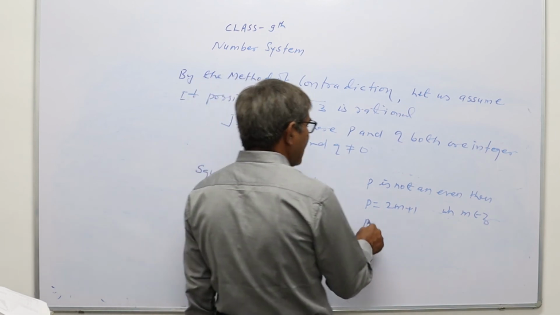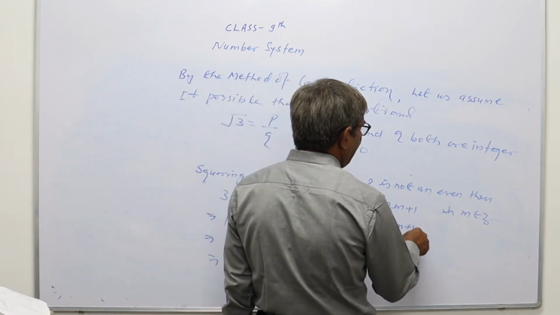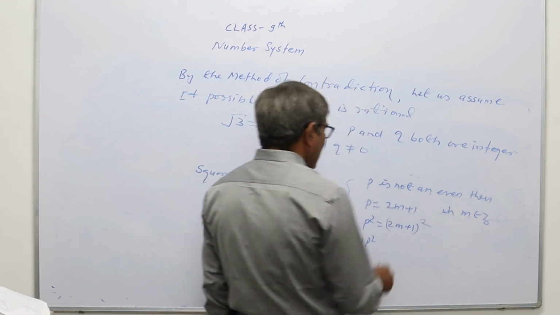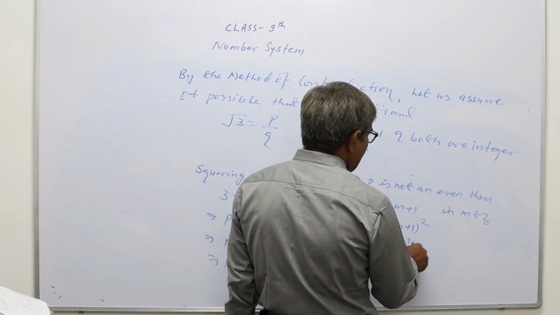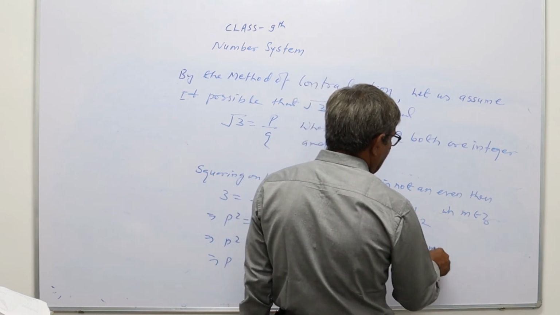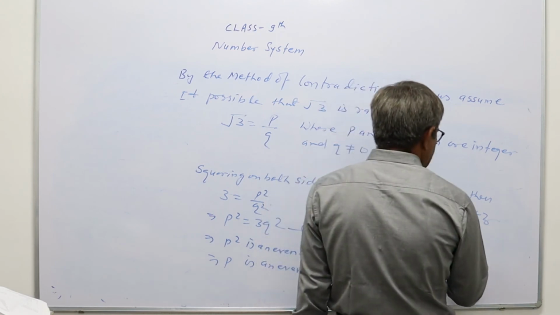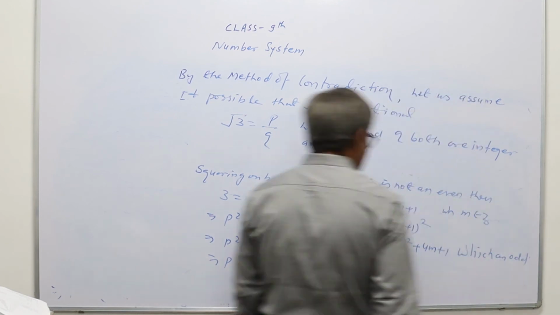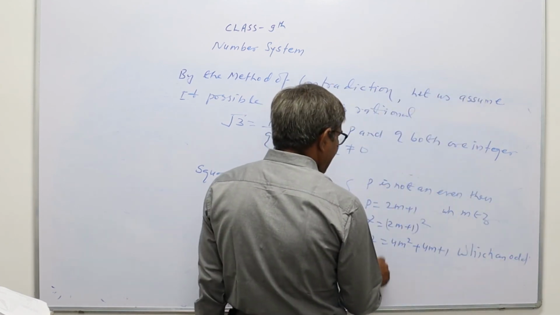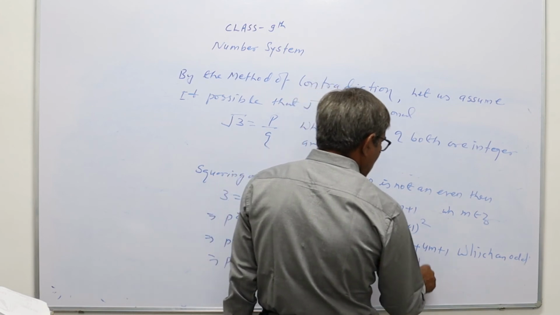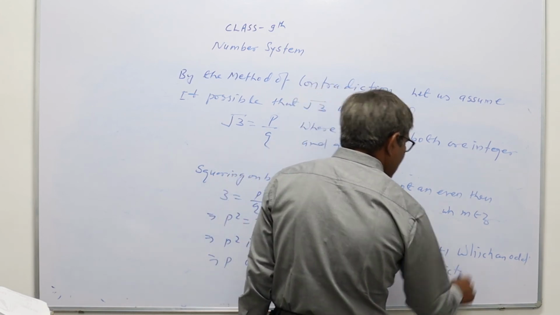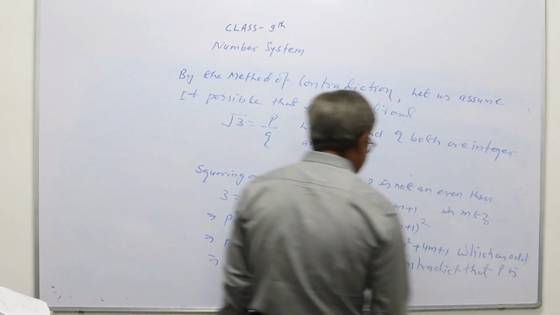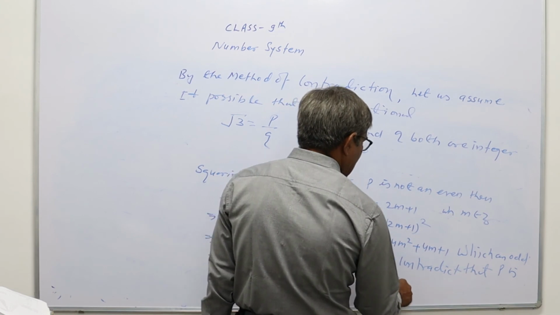Now squaring on both sides, p square will be equal to 2m plus 1 whole square, which implies that p square will be equal to 4m square plus 4m plus 1, which is an odd number, which contradicts that p is an even number.